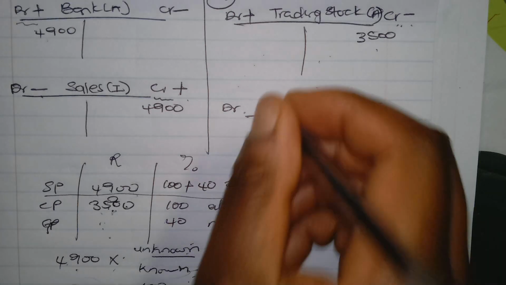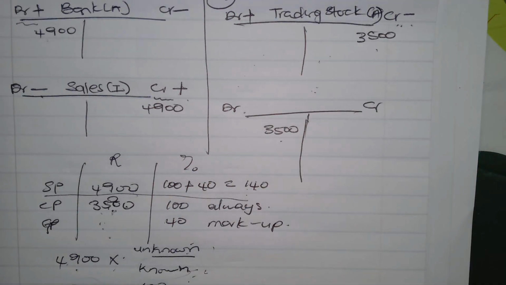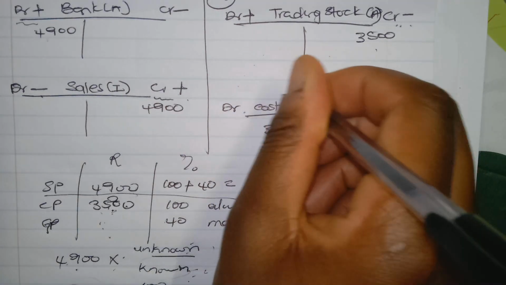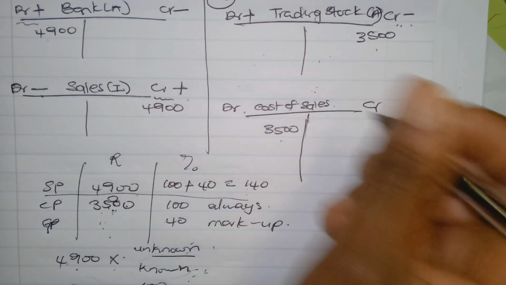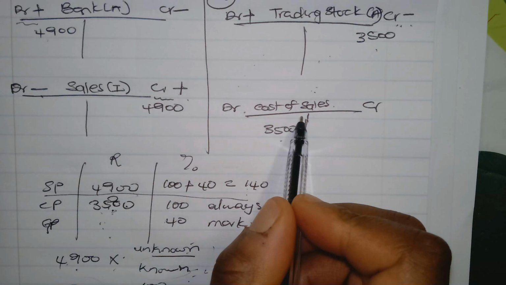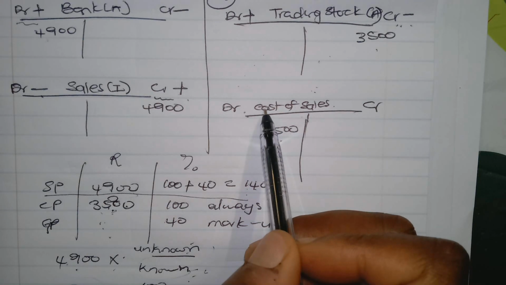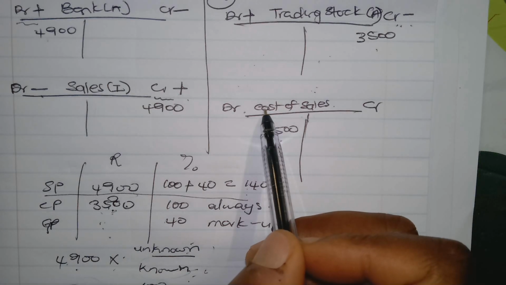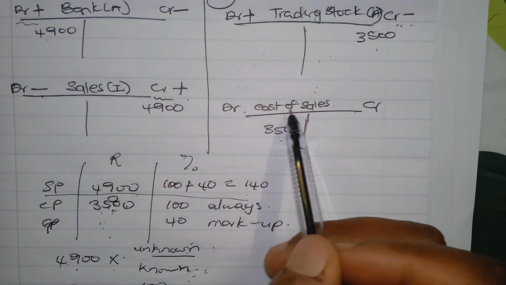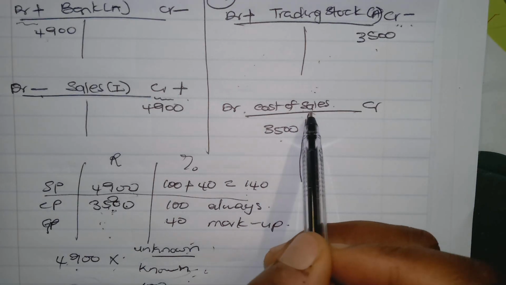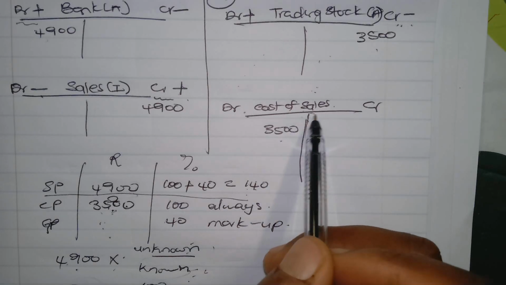So we're going to write the account cost of sales, right? It just simply says it. The cost which you incurred when you were buying, you will now record when you're selling. I hope that makes sense, right? I won't say it again, but it is like that.